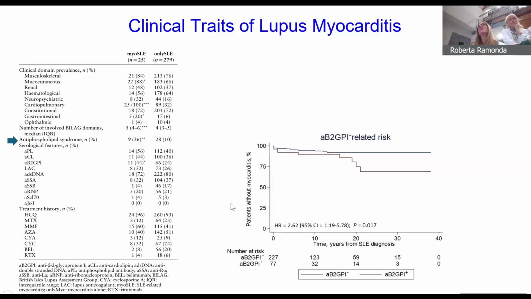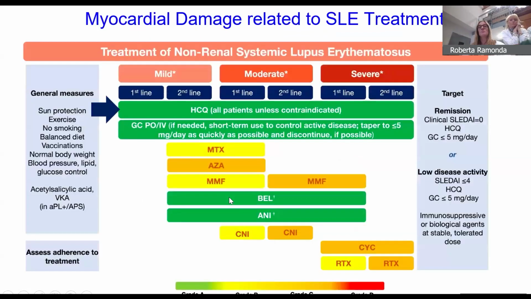Among other clinical features, this study found that prevalent and incident myocarditis in lupus patients is strongly associated with the presence of antiphospholipid antibodies.